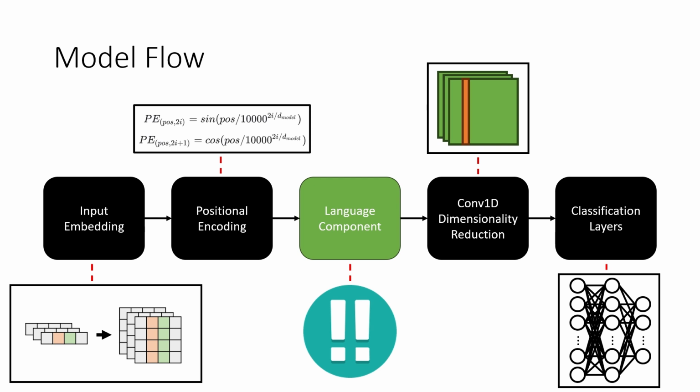And how I set this up is I wanted to keep as much the same between the two models as possible. So I kept the exact same input embedding, positional encoding steps, and then after the language component I kept a conv1d dimensionality reduction step and classification layers. And so the only thing that I changed between the two was the language component, a transformer encoder layer versus an LSTM layer.